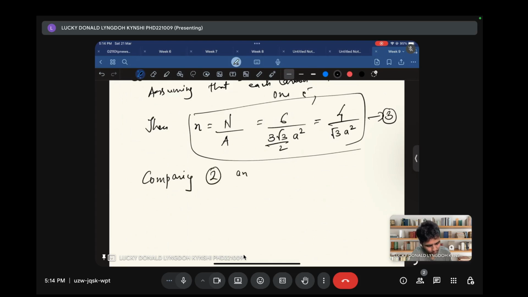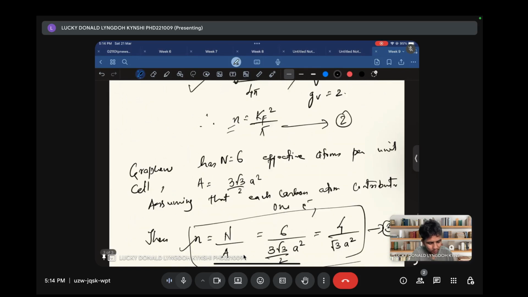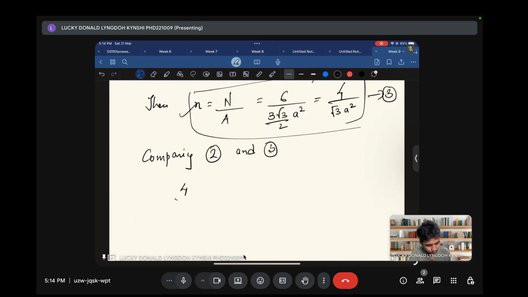You have n on the left hand side, you also have n on the left hand side, then you have kf square by pi equal to 4 over root 3 a square. Since both the left hand sides are the same, we can use the right hand sides also to be the same.